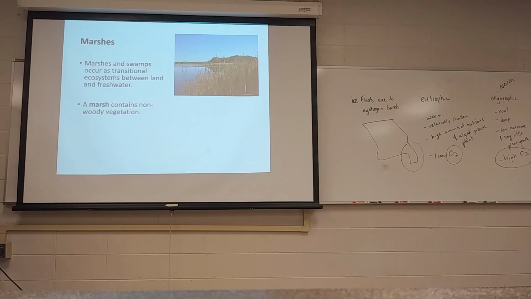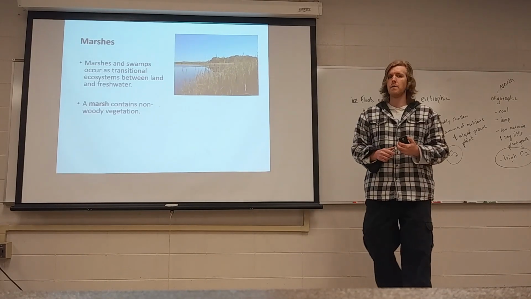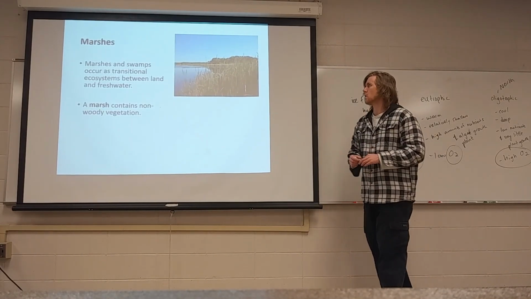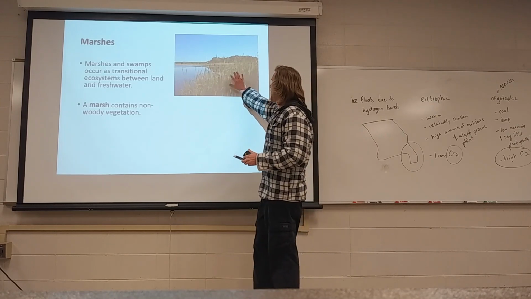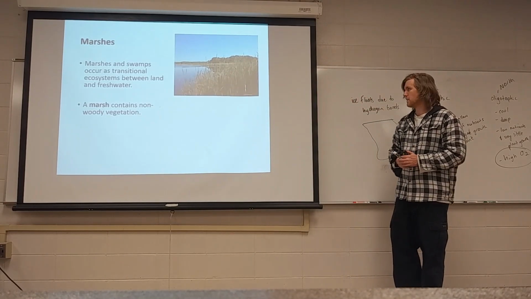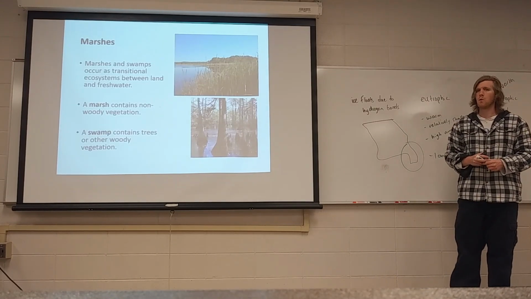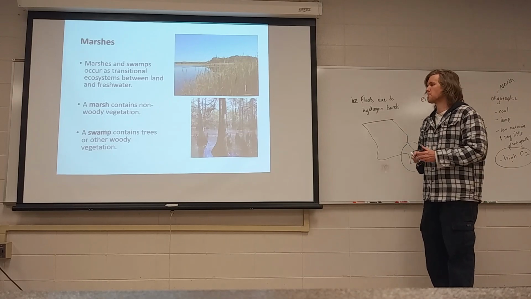The difference in terms of marsh versus swamp is that marshes contain vegetation that does not have any woody growth. So a marsh would have cattails, lily pads, things like that. Swamps have trees or other woody shrubs of some sort.